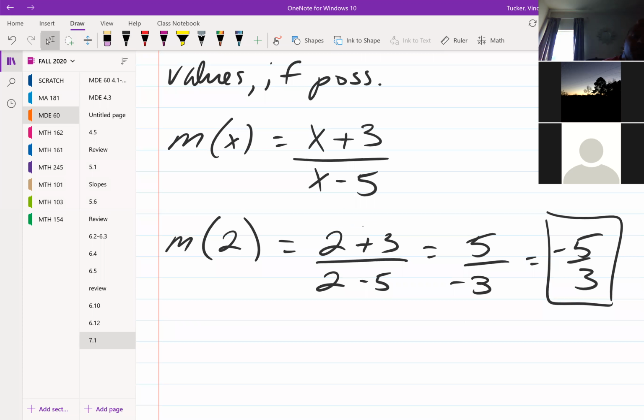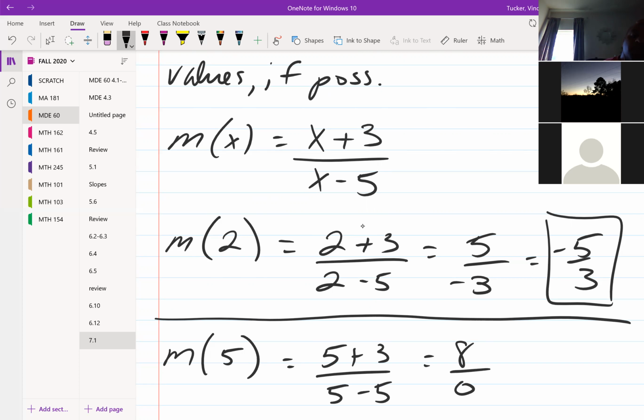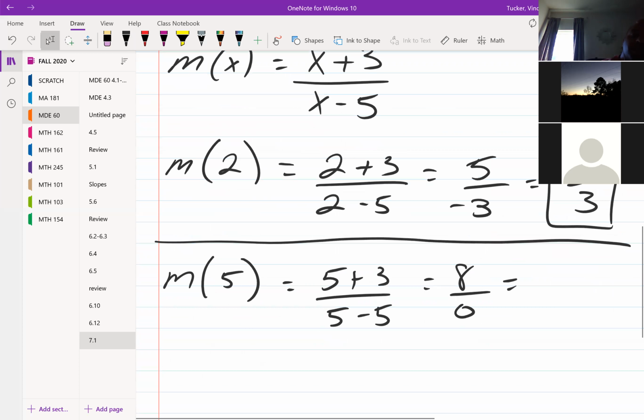All right. So notice it said if possible. If they told you to find m of 5, you plug in 5: 8 over 0. But you cannot have 0 in your denominator.